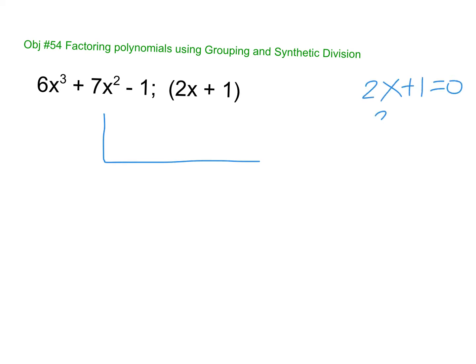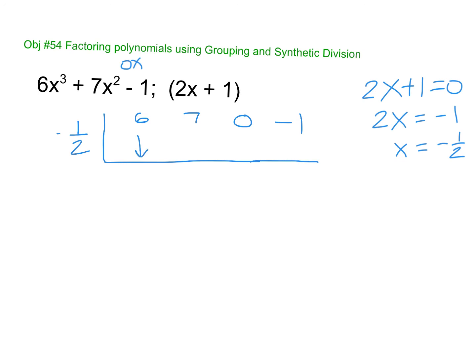So I bring the 1 to the other side and I divide. So we're going to put negative 1/2 on the outside. And then my coefficients are 6, 7. Our x term is missing. So remember, there's a 0 there. And then negative 1.